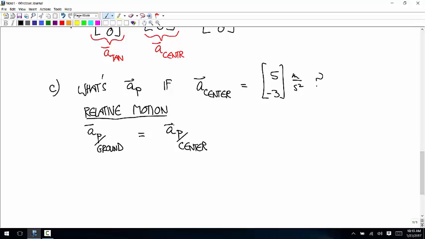That's the acceleration that P would have if the center wasn't accelerating, plus the acceleration of the center relative to the ground. That's what we're given.